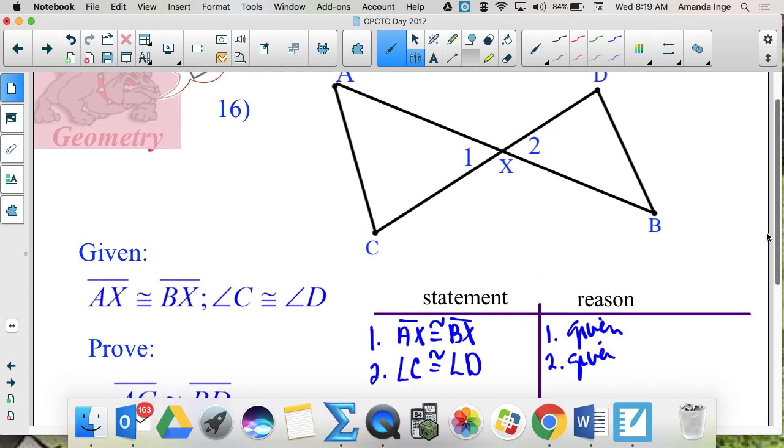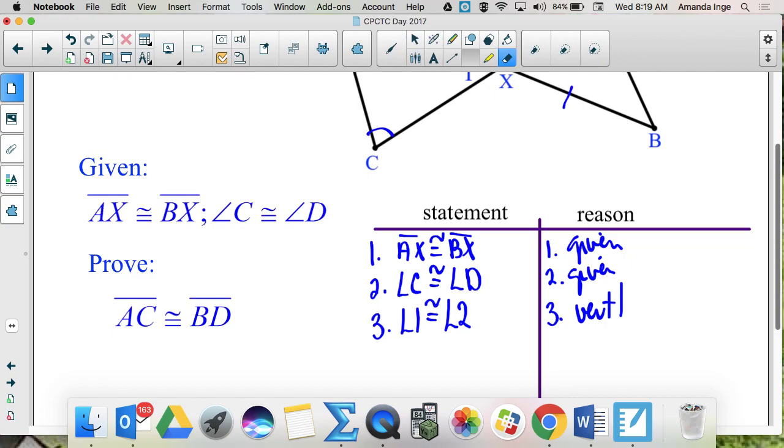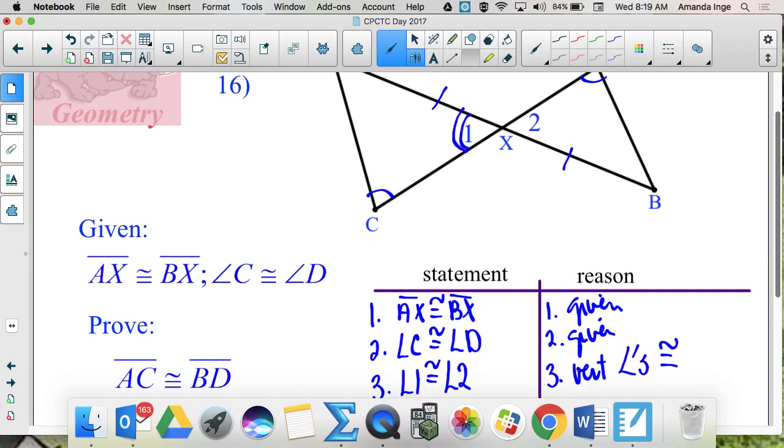So we have AX is congruent to BX. We have angle C is congruent to angle D. And what do we know about angles 1 and 2? What kind of angles are 1 and 2? Angle 1 is congruent to angle 2 because vertical angles are congruent. So we have this angle is congruent to that angle.